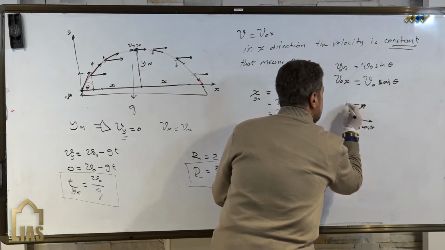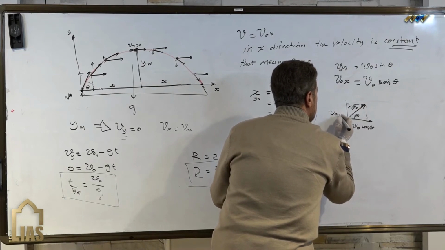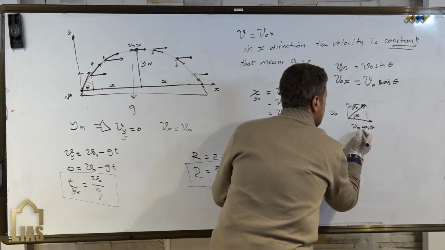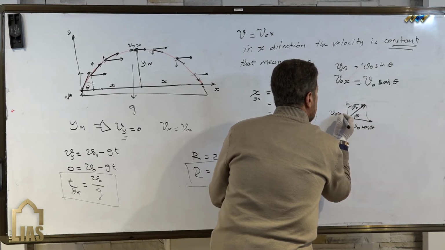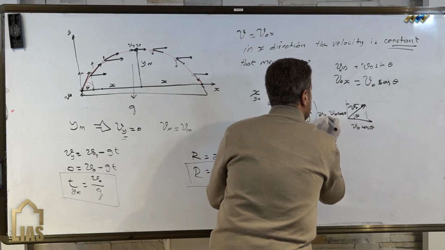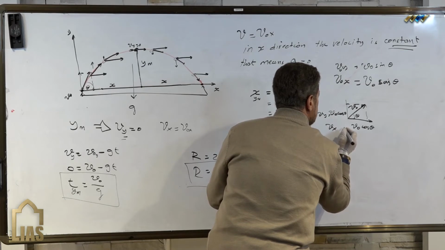And here v0 cosine theta is the vx, and v0 sine theta is the vy.